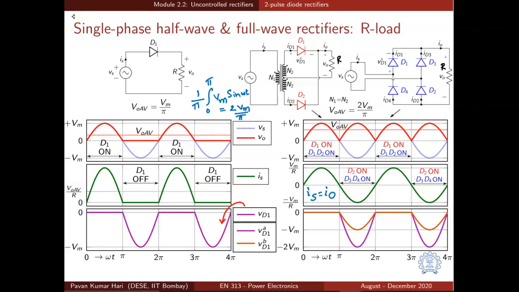And in the negative half cycle, current flows through D2 in the case of 2 diode rectifier and closes its path as shown. And in the case of 4 diode rectifier, current flows through D3 and D4 as shown here.